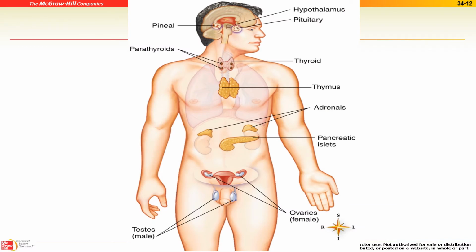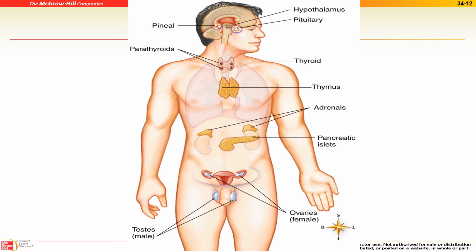Quick overview of the glands in the body. So at the base of your brain, you got the pineal. Below the hypothalamus, you have the pituitary. In your throat, you have the thyroid. And embedded in the thyroid gland are usually 4 nodules of the parathyroid hormone.